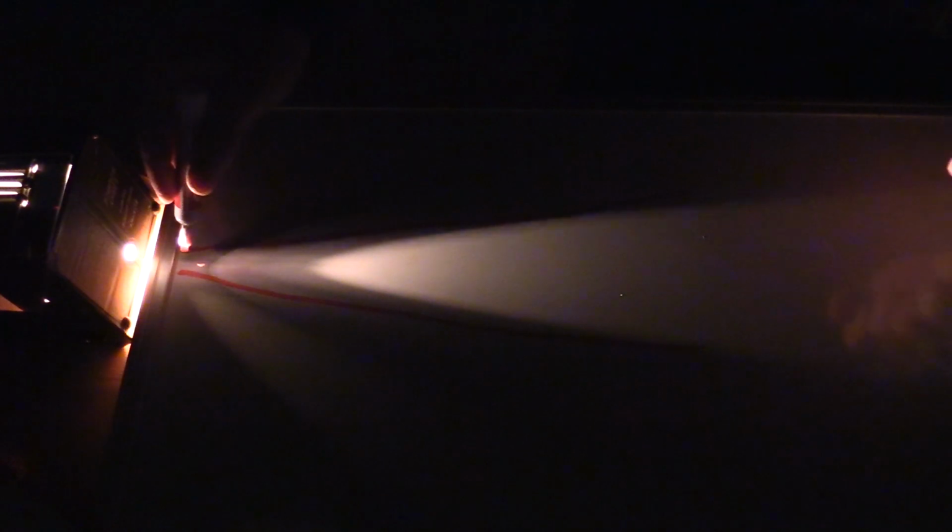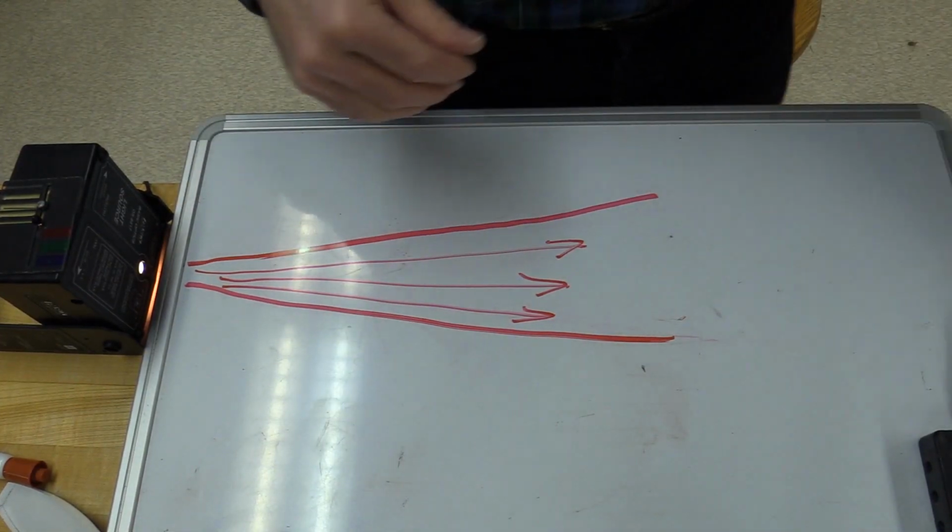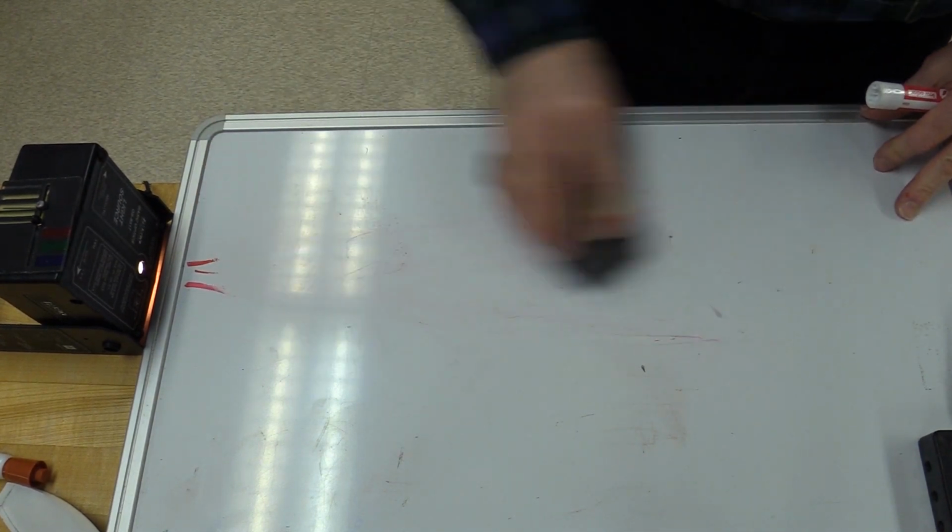So even though we have a continuous beam of light coming out from here, it's helpful conceptually to envisage this as being made up of rays of light that are emanating out from the point source. Let me just erase this.